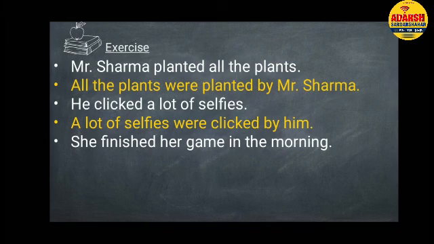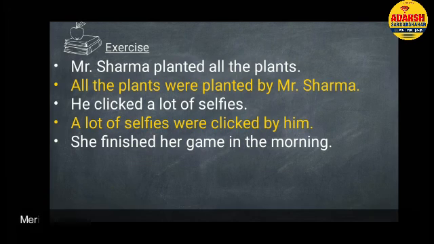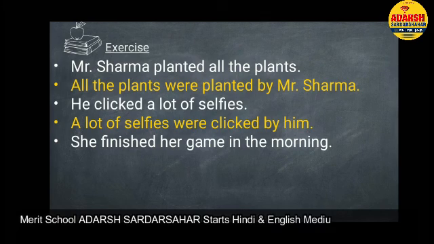Now let's go towards our second step, which is swap subject to object and object to subject. So here we put her game, which is our object, in the place of subject, and subject she in the place of our object. Then third step, use past participle. We put finished as verb's third form.